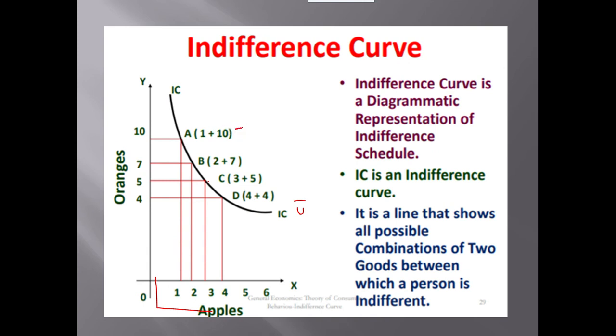The MRS, the slope of the indifference curve, is the change in y over change in x. This is MRS, the marginal rate of substitution.